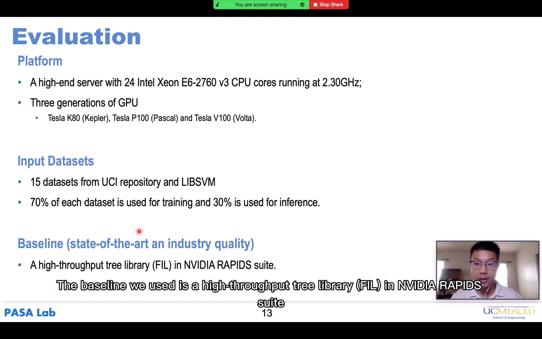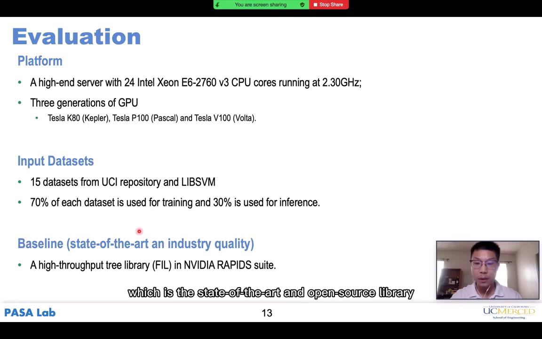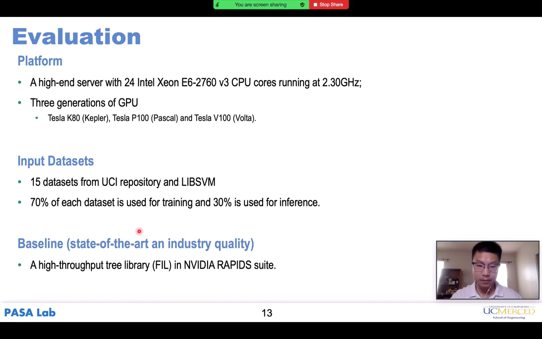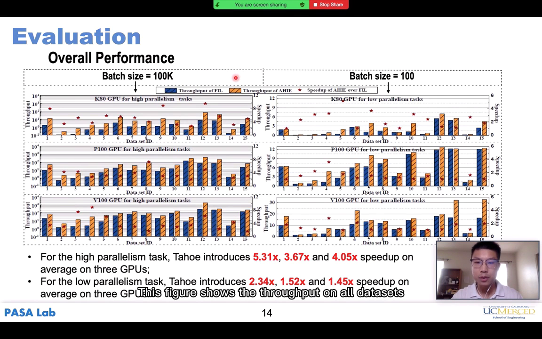The baseline we used is a high-throughput tree library, FIL, in the NVIDIA RAPIDS suite, which is a state-of-the-art and open-source library. This figure shows the throughput on all datasets. We choose performance using 2 batch sizes, 100,000 representing the use cases with highest parallelism, and 100 representing the use cases with no parallelism.